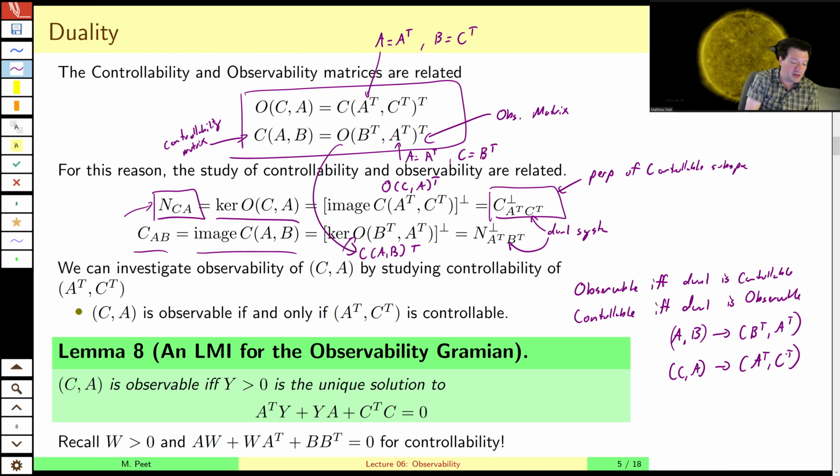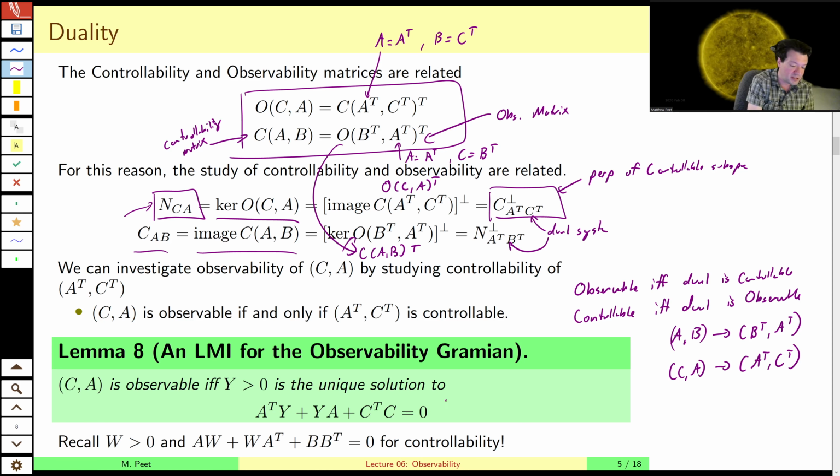So we can use that relationship directly to get the following LMI, where we just use the test, the LMI we had previously for controllability. So we test observability by testing controllability of the dual system.